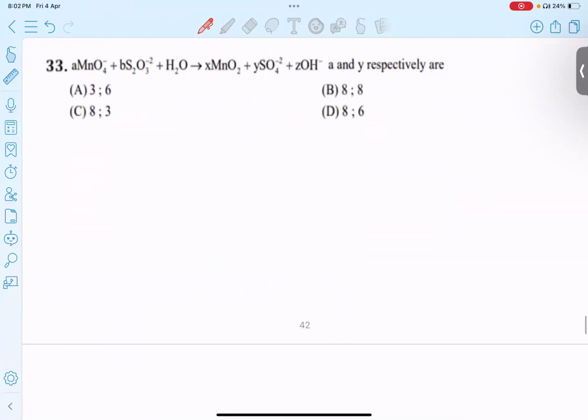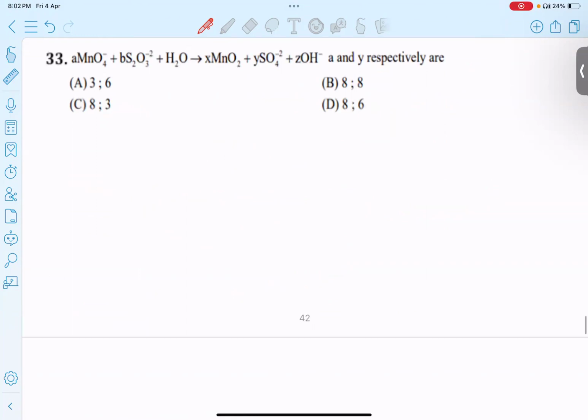Next, let us go to question number 33. In question 33, a balanced equation is given where both reduction and oxidation take place, and we want to calculate the stoichiometric coefficients of A and Y. Here the permanganate ion, MnO4 minus, generally a very good oxidizing agent, is reduced to MnO2.